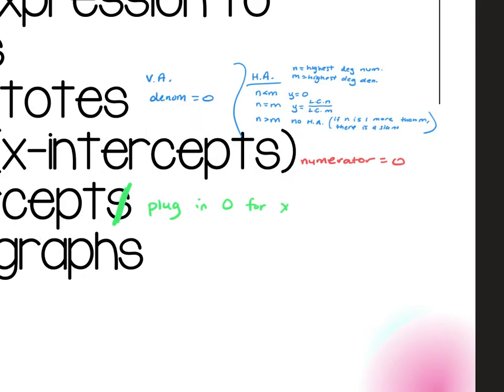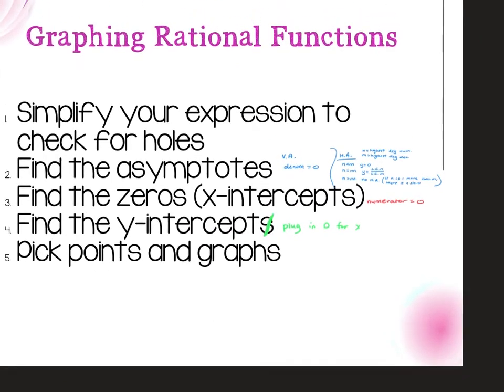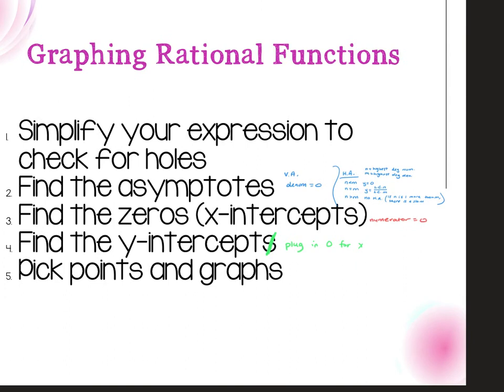And then you do the graph. Sometimes there's enough information from the intercepts on both the x-axis and the y-axis that you can graph based on that. Sometimes, actually more often than not, you're going to have to plug in some extra points to see what the graph looks like in between your asymptotes.